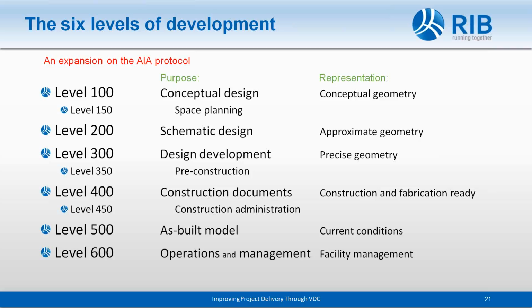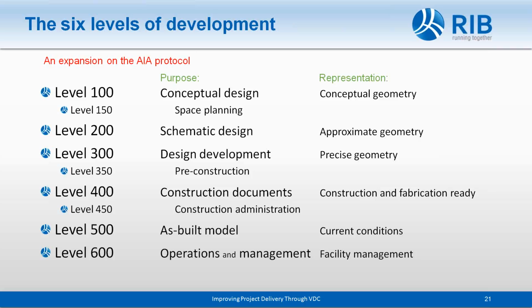Notice that there's 3 subsets here on level 100, level 300, and level 400. The 150 and 350, those are official AIA protocol levels. Again, they only go 100 to 500, and they don't have that 450. I've seen the 450 added by a well-versed in VDC contractor, and I've also seen other contractors take level 500 from the AIA and divide it into 500 and 600.